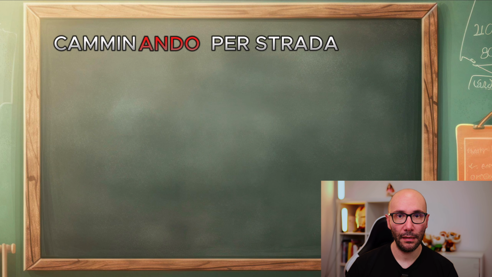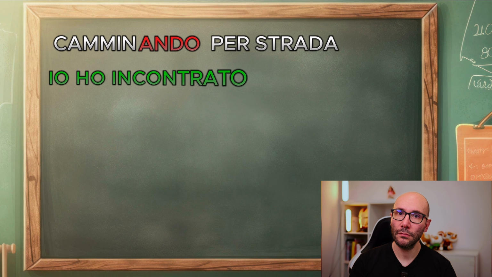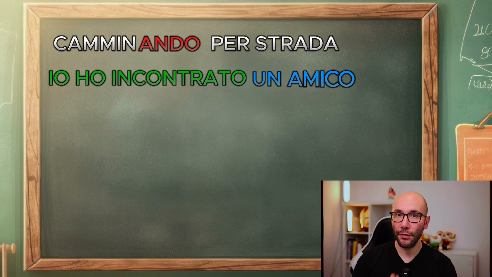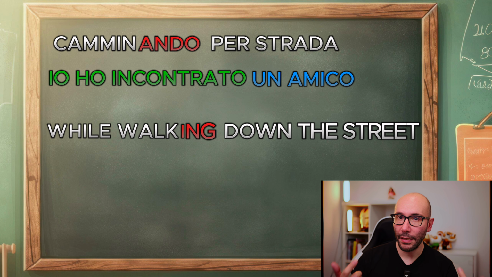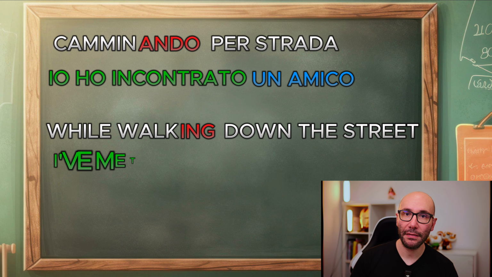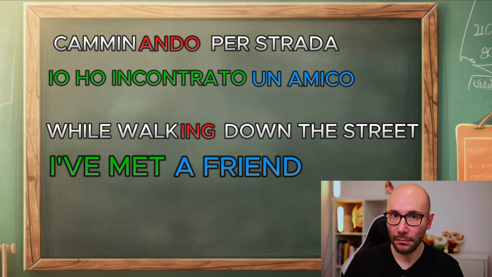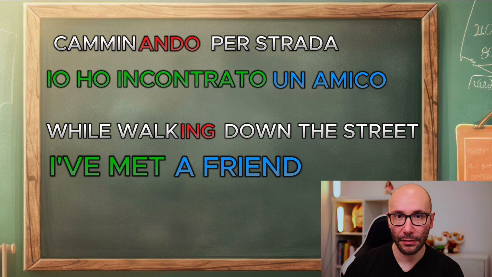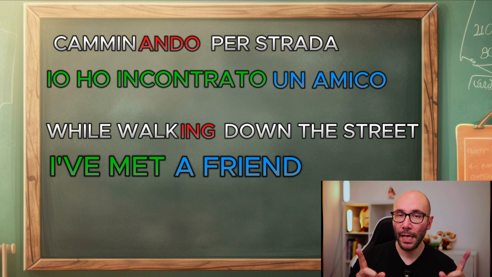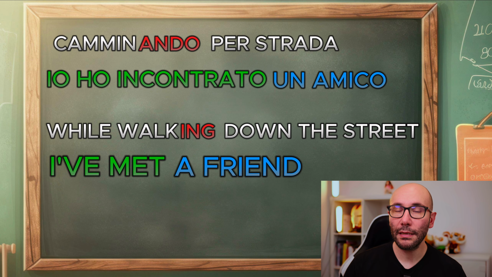Camminando per strada, io ho incontrato un amico. Translation could be, while walking down the street, I've met a friend. This means the main action is I've met a friend. Io ho incontrato. But there's more. I said walking, camminando per strada.